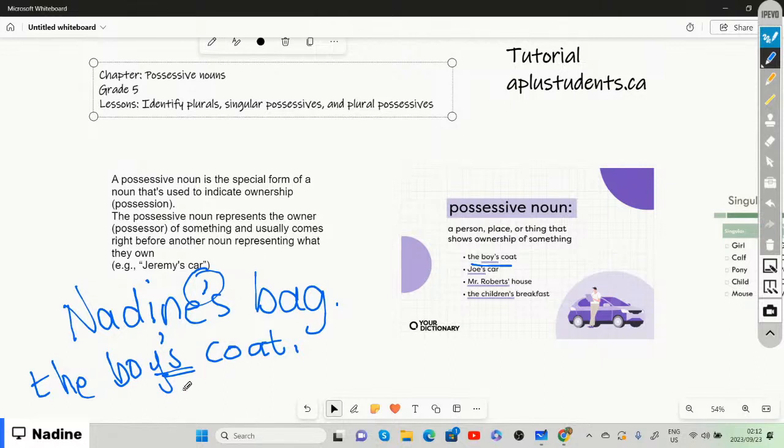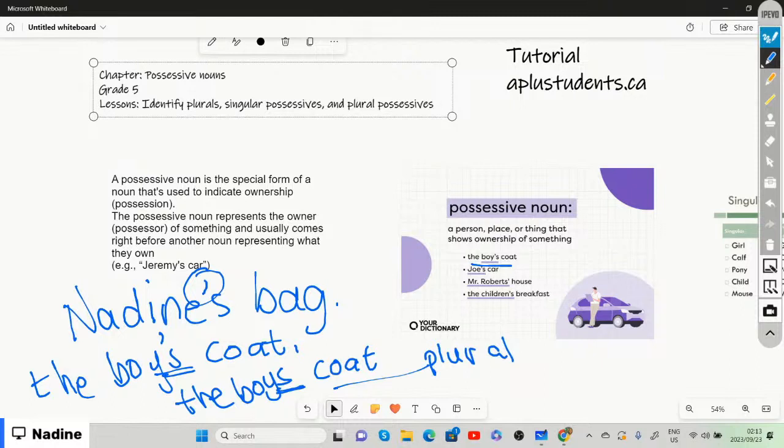But as soon as you just say the boys coat with an S and no apostrophe, that means it is plural. That is not possession, because you need to put an apostrophe and S to show possession. And we are going to go over singular as well as plural possessives.